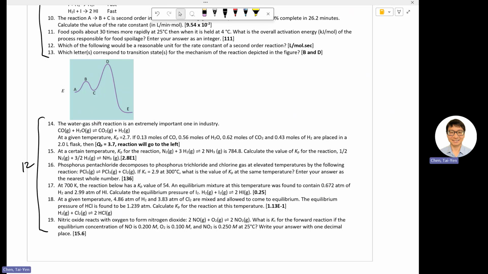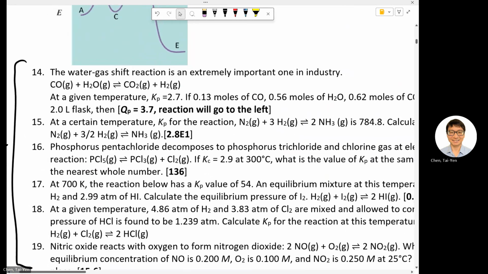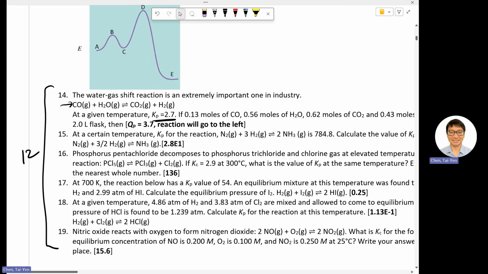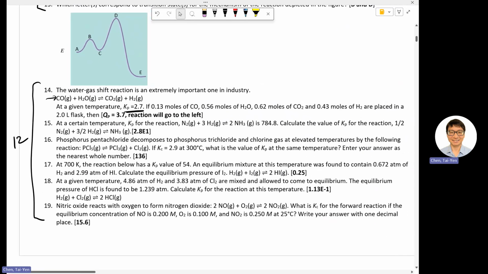Okay, let's read through these questions quickly. The water-gas reaction is an extremely important one in industry. It shows this specific reaction. At a given temperature, the Kp is 2.7. If 0.13 mole of CO, 0.56 mole of H2O, 0.62 mole of CO2, and 0.43 mole of H2 are placed in a 2-liter flask, then you calculate the QP.